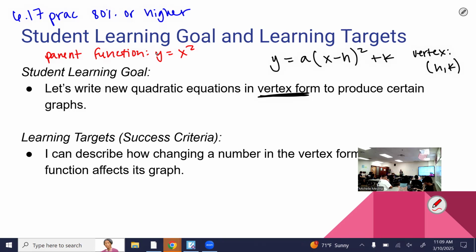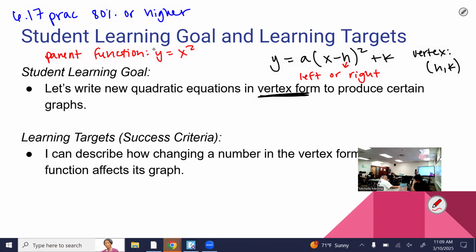So what type of movement does the H tell you? Like if there's a number for the H, that means it shifted left or right for the H. And that one's a hard one to have you memorize. So I would just have you probably type in the x squared, type in your new equation, and look, did it go left or did it go right?